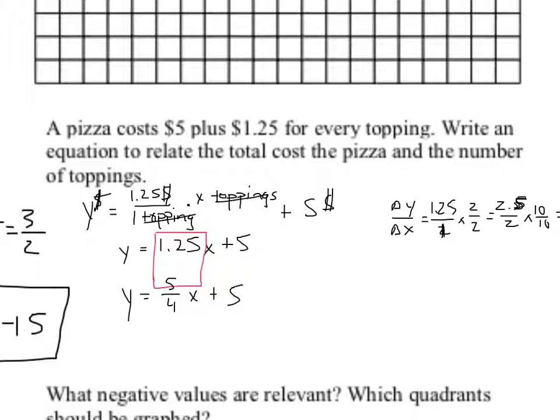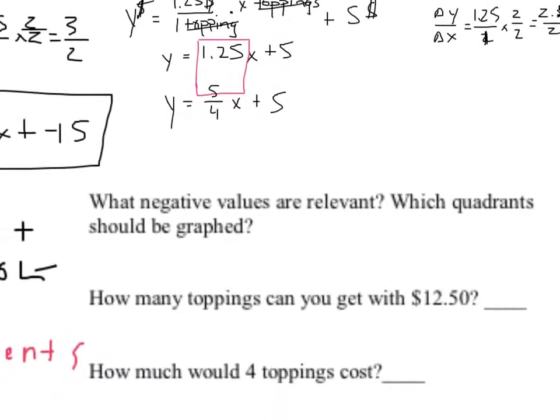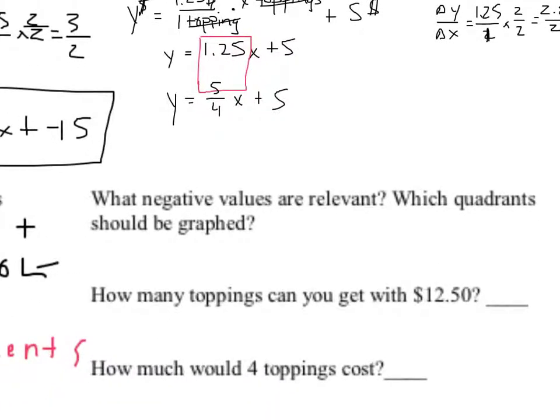All right, now we want to get ready to graph it. The question is, are negative values relevant? Negative x values. What are my x values? What are the units on my x?